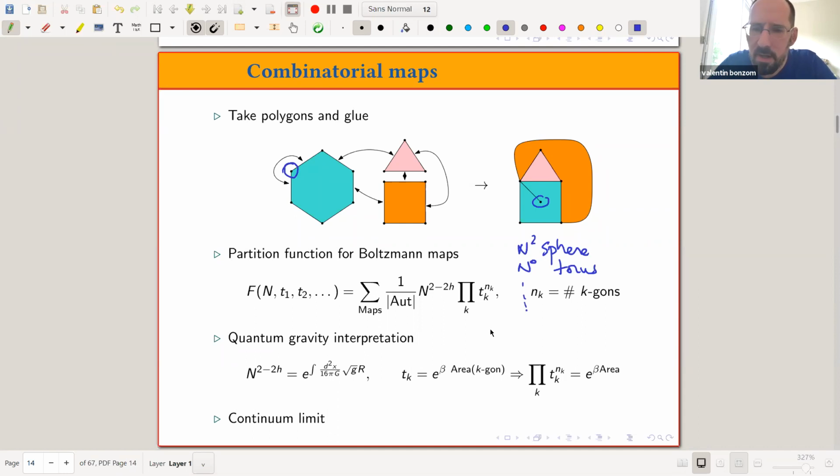Okay, so it's a 1 over N expansion with respect to the topology. And then for every polygon of size k, you put a weight t_k. So eventually you have t_k to the n_k, where n_k is the number of k-gons. So here in this example you would have t_6, t_3, and that's t_6, and here it should be t_4. Sorry. Okay.